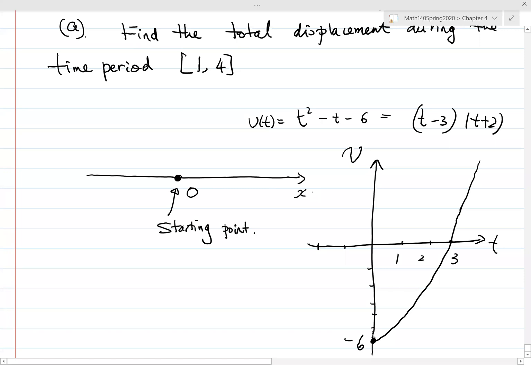Then it moves in the negative direction, since the velocity is negative when t is 0. So it moves left. Then when the velocity changes direction at t equal to 3, the particle starts moving backwards, in the positive direction.